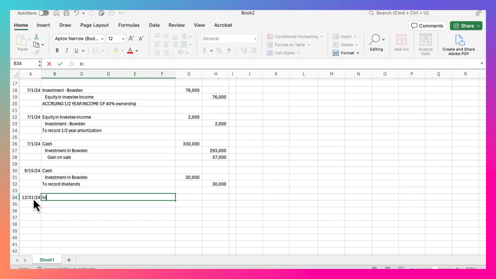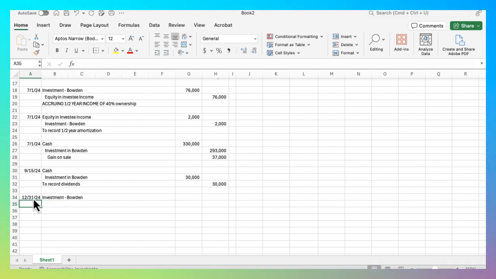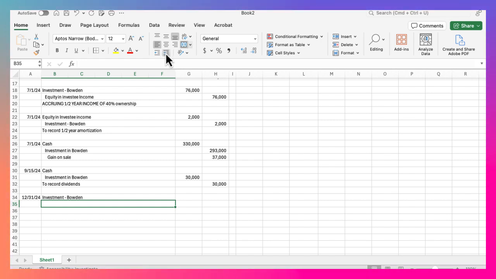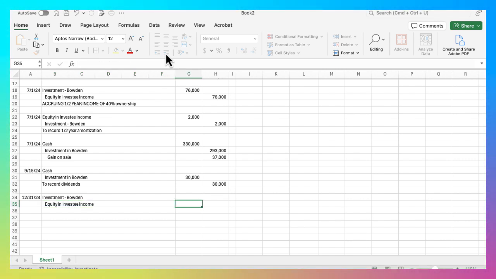So I'm going to have to debit investment in Bowden. And then I need to credit equity in investee income. We need to figure out the amount.